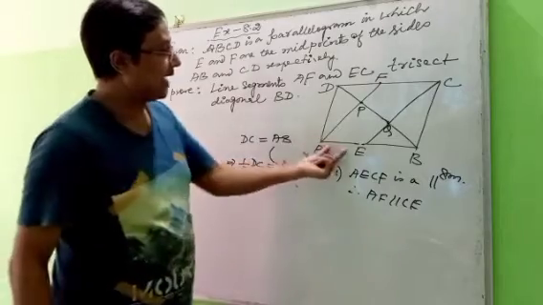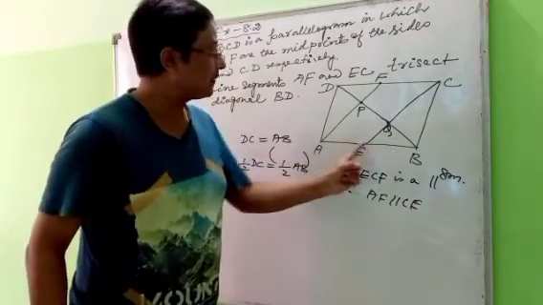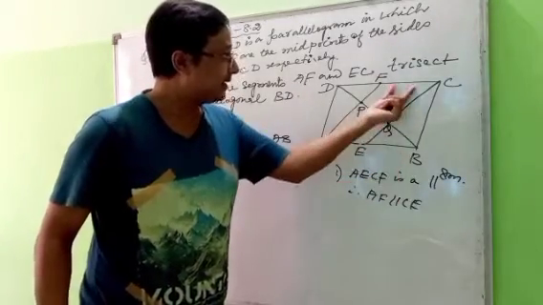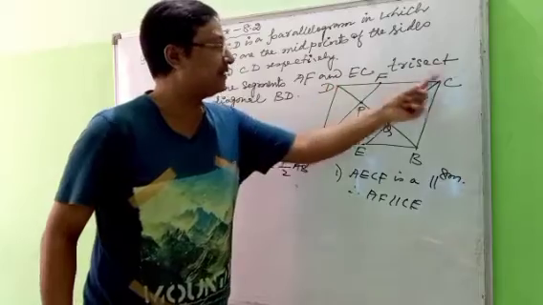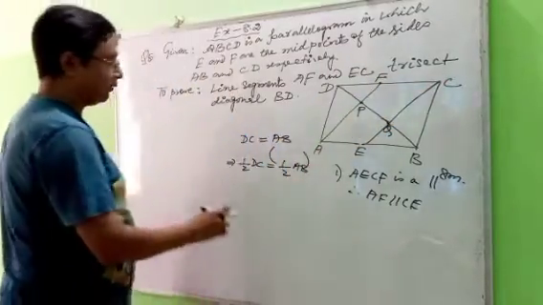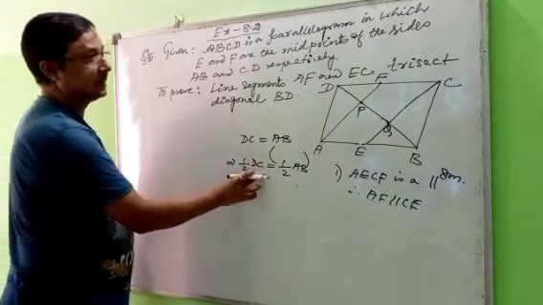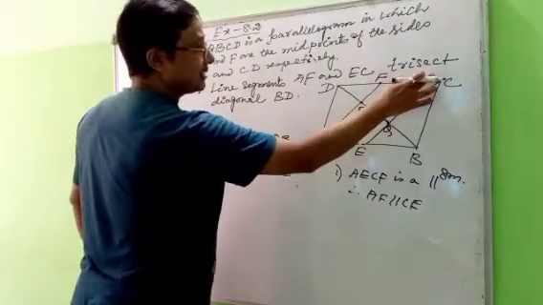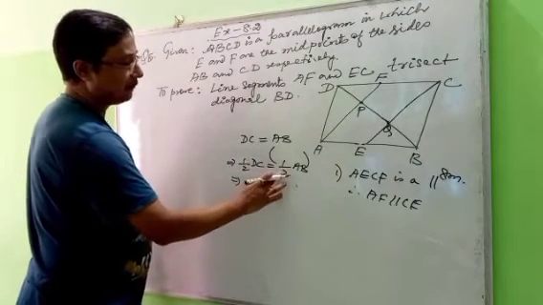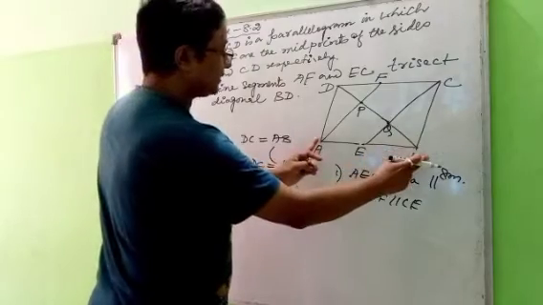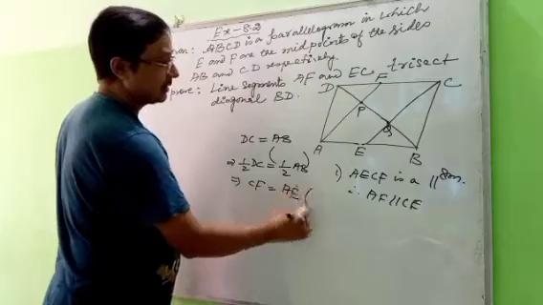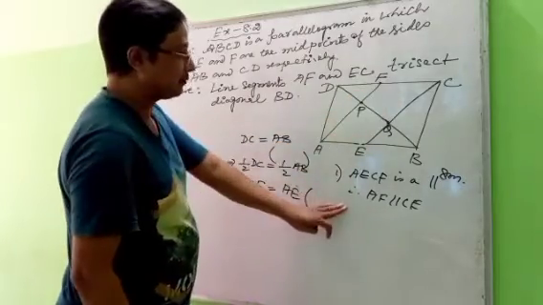Here AE equals BE, half of AB, because E is the midpoint of AB. CF equals DF, half of DC, because F is the midpoint of DC. So CF equals half of AB, and half of AB you can take as AE.